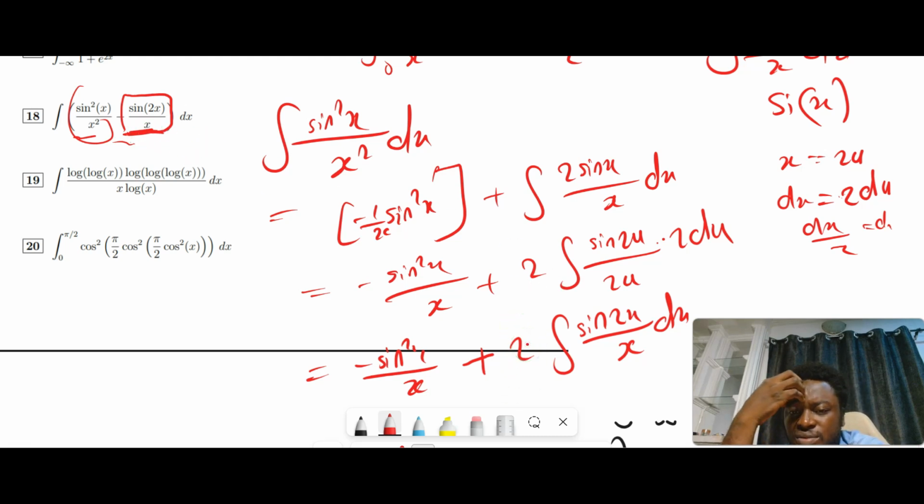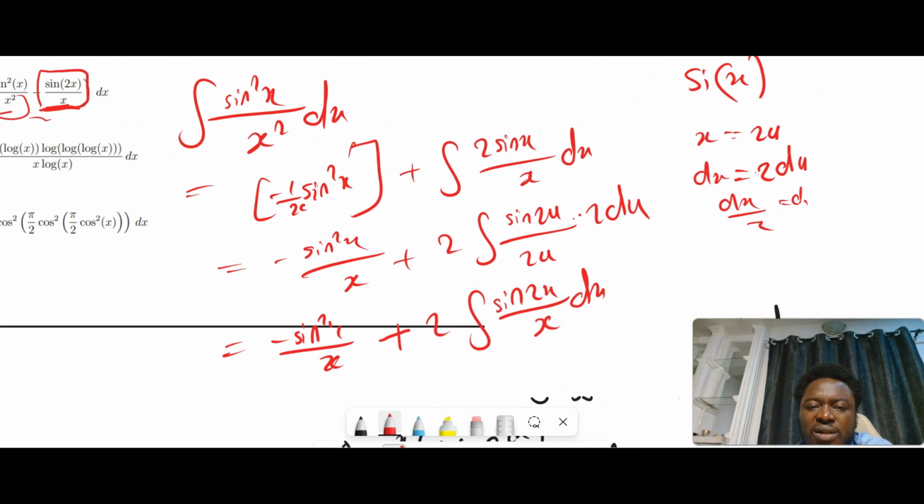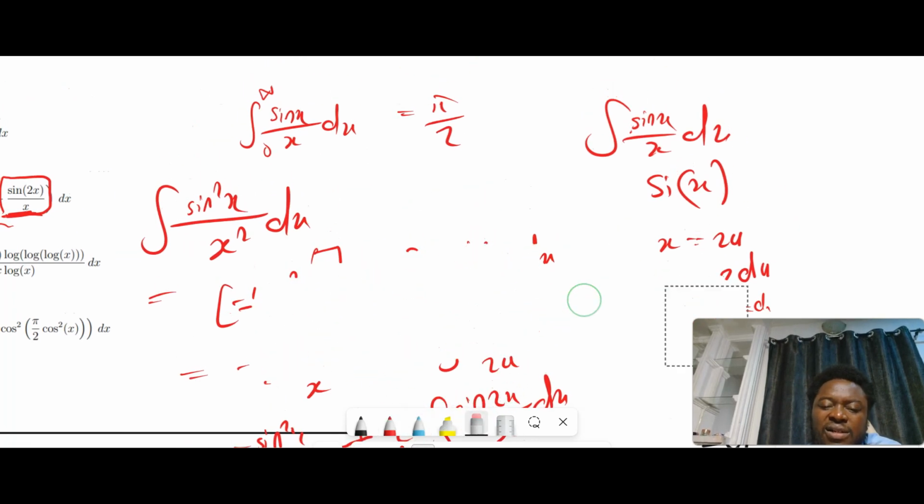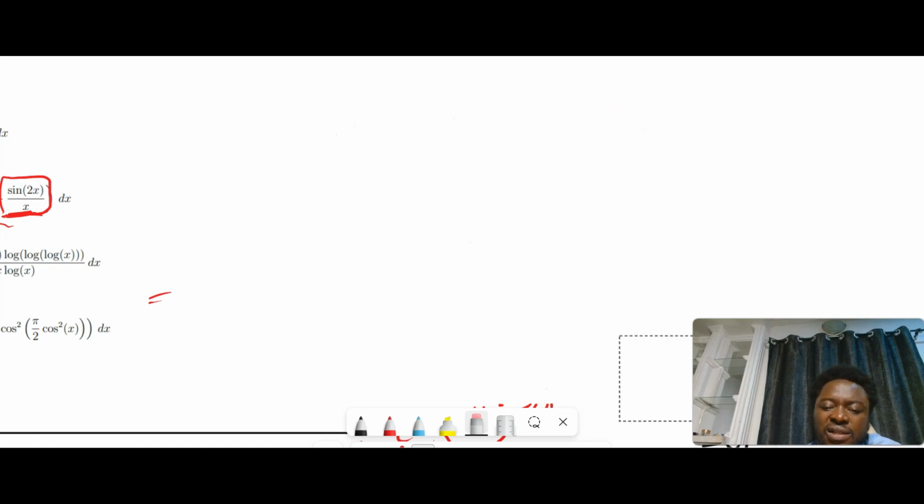Why is there an extra 2? Okay, I think maybe to avoid mistakes, let me just start over and see. That should be a cancellation. I don't believe the answer should involve a sine integral.